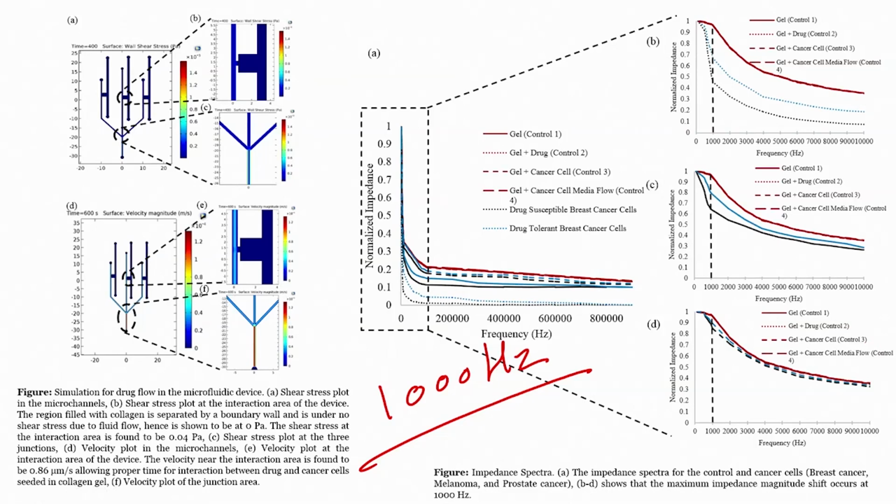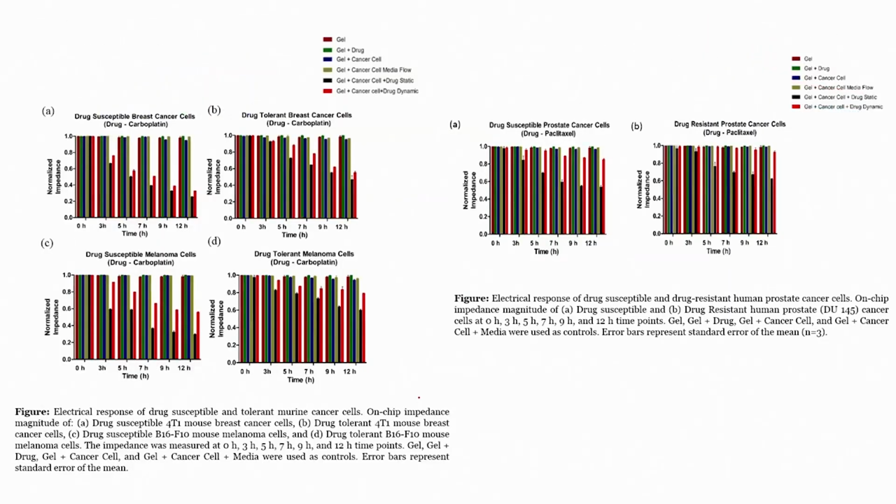So, what we see here is that the maximum impedance magnitude shift occurs at 1000 hertz. We just were interested in understanding at what frequency we can see the maximum change in the impedance magnitude. So, what we found is 1000 hertz is what we have to use.